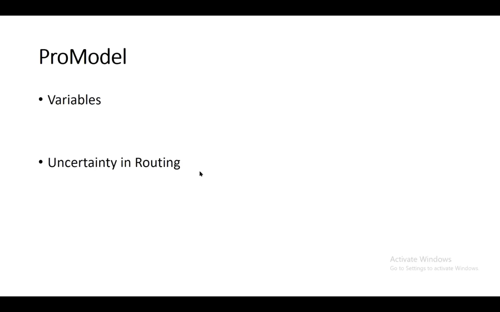So we are usually interested in monitoring the value of work in process, and this is not something that ProModel automatically calculates for us. So we want to learn how we can use the concept of variables to calculate the statistics that we are interested in reporting. Now let's see how we are going to do that.